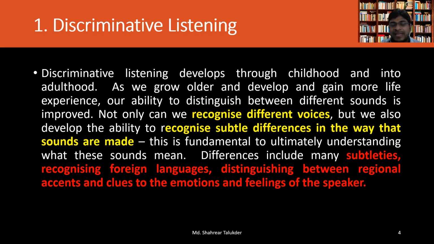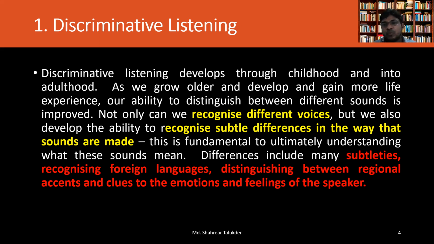But still, they can recognize the differences of the sounds. But when they grow up, they start understanding the meaning. They start comprehending the meaning. So the same thing happened with us when we were a child, when we were an infant, right? So we grew up and then we started understanding more and more and more, just like this.